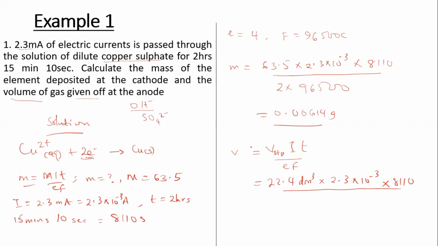So this one will be preferentially discharged, and that's going to be 4OH minus, giving us 2H2O plus 1 mole of oxygen plus 4 moles of electron. So therefore, the key here is going to be the mole of electron, which is 4 times 96,500 coulombs. And that's going to be 1.1 dm cube.